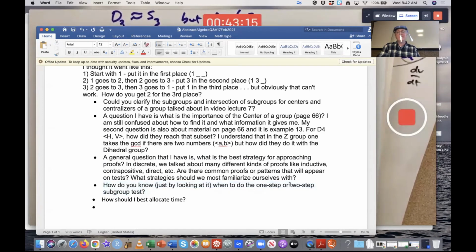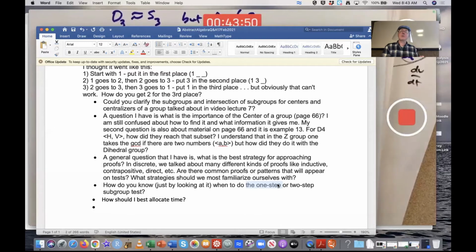Typically, when you first are learning the subject, the two-step subgroup test feels easier because you're separating closure under multiplication from taking inverses. The one-step subgroup test people typically find a little trickier because you're combining them in just one step. Closure and inverses in one, in a sense. That's why I think in class I've only done the two-step subgroup test because it just feels a bit easier. But theoretically, you can always use either.